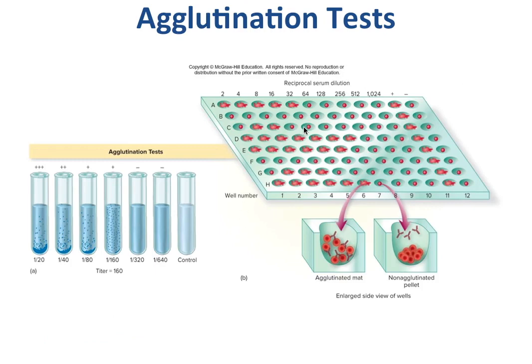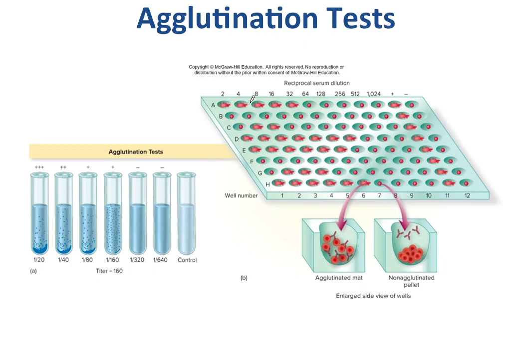Here is one type of agglutination test. This is a 96-well plate. It can also be used as a microarray or microchip test. In each small, tiny well, we can link certain known antigen or antibody, and then add the patient's samples.